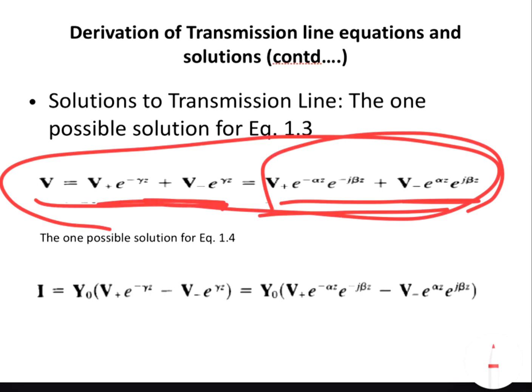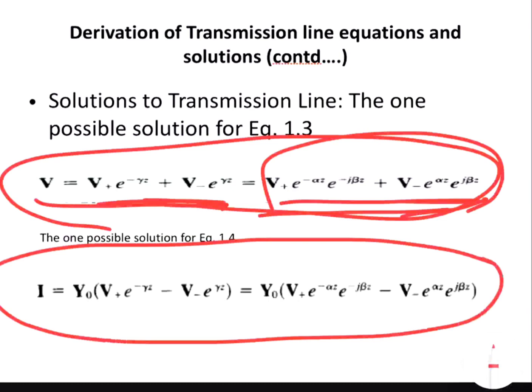That's why you get this equation like this, and V minus e to the power alpha z e to the power j beta z. In the same way we can express the output current in terms of voltage, using the admittance Y naught. As we take the admittance parameters, it reflects almost the same, but with a minus sign. So this is one possible solution for transmission lines in terms of voltage and current.